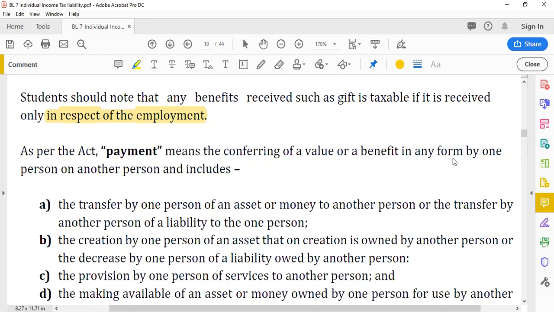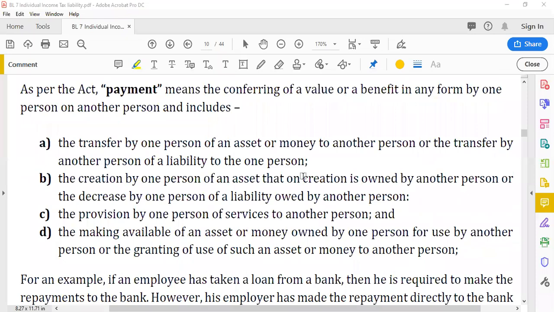Once an employee gets any gift from any other person because of his employment, that is income. That's the rule. So in your wedding function, your relatives and friends come and wish you, and they give you a lot of gifts. Those gifts are not income, right? You have to have a clear understanding on this.